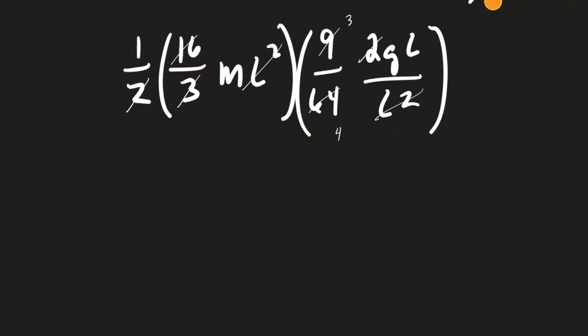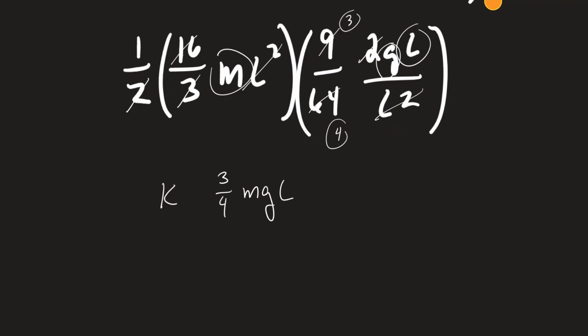So what does that leave me with? An m, a 3/4, a g, and an L. So it looks like that whole thing is 3/4 mgL. That's how much kinetic energy it has. How convenient. Aren't the other two forms of potential energy just some multiple of mgL?